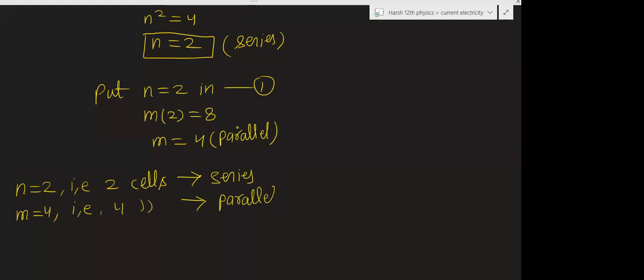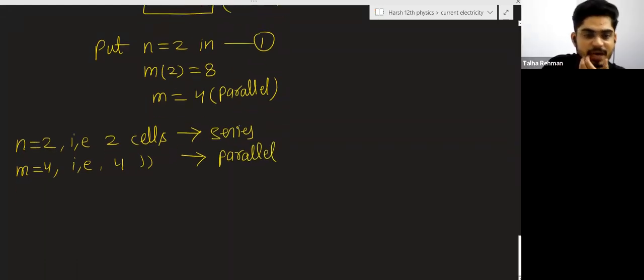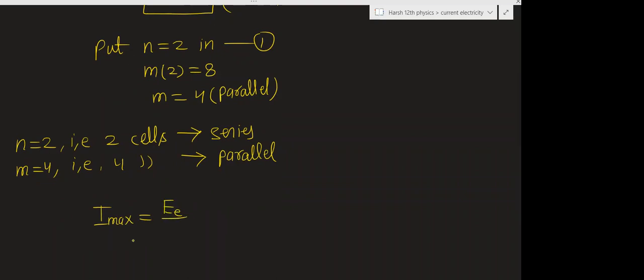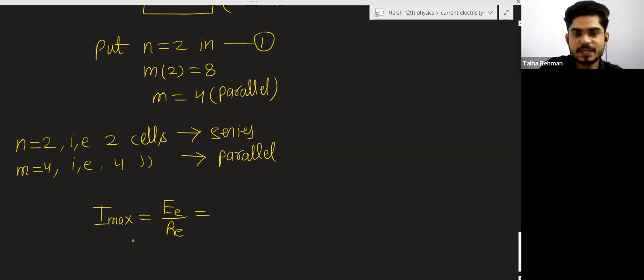Now if you want to calculate the R equivalent, you want to calculate the maximum current. What will be the maximum current? Maximum current in the circuit is equivalent EMF divided by the equivalent resistance. What is equivalent EMF?